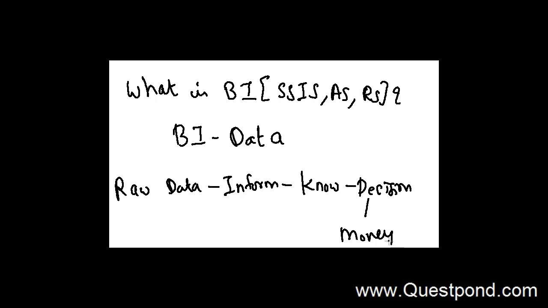So how do we achieve business intelligence? To execute any business intelligence activity, there are three prime steps, or three important tasks, you need to perform. The first task is to collect the data. You take data from various sources and dump it at one common place so that you can convert the data into information.